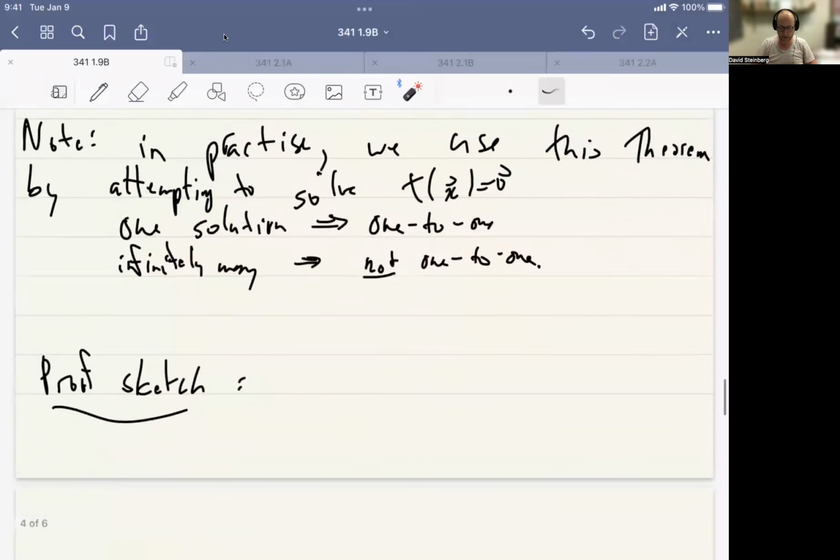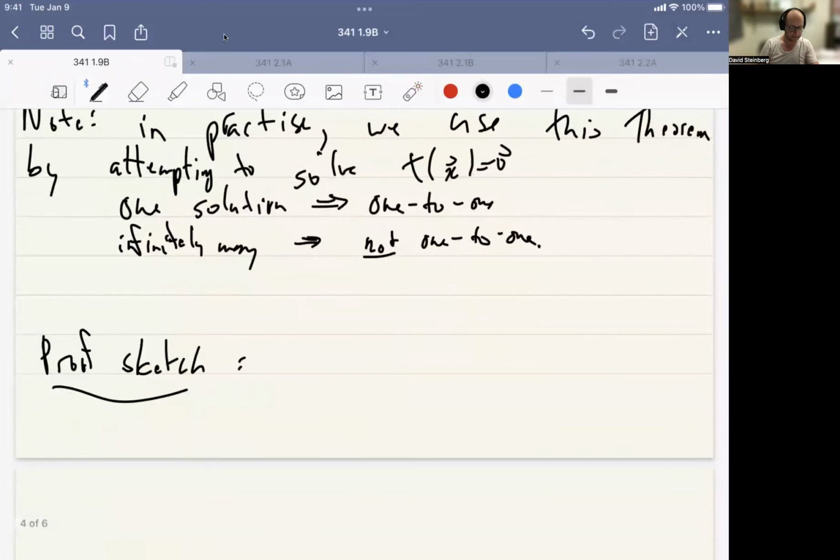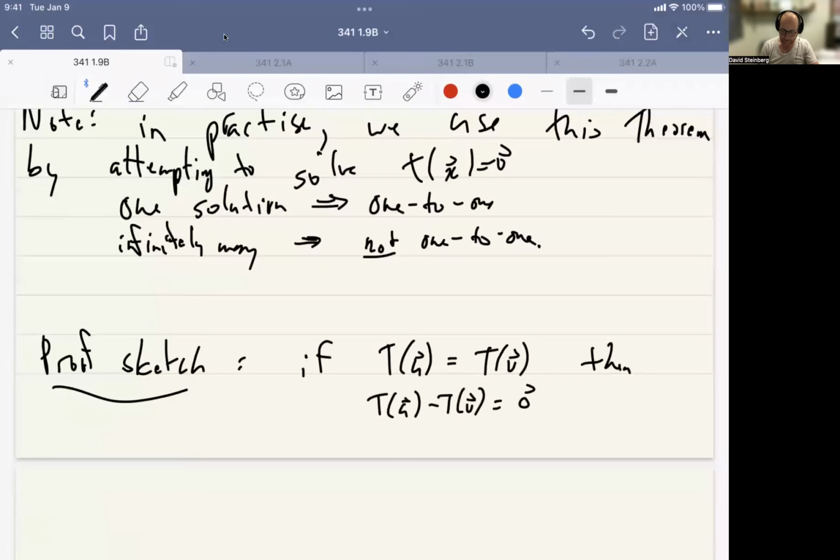Okay. And we can do a quick little proof sketch here too, right? If T of U is equal to T of V, then we can just subtract T of V from both sides. Get T of U minus T of V is equal to 0.